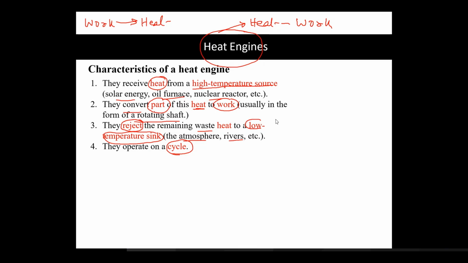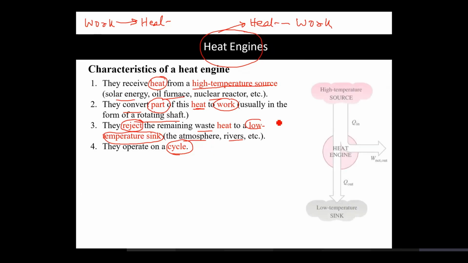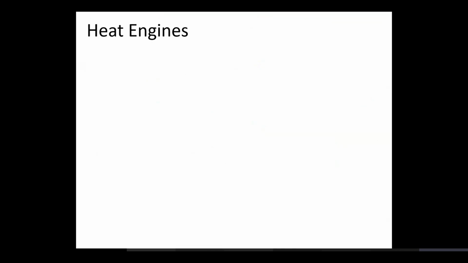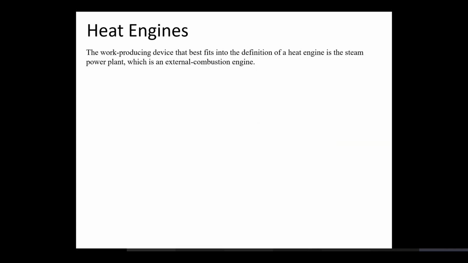Now, once you are familiar with these four characteristics, we'll look into the most common type of heat engine, or the heat engine that ideally fits the definition of a heat engine. The work producing device that best fits the definition of a heat engine is the steam power plant, which is an external combustion engine.